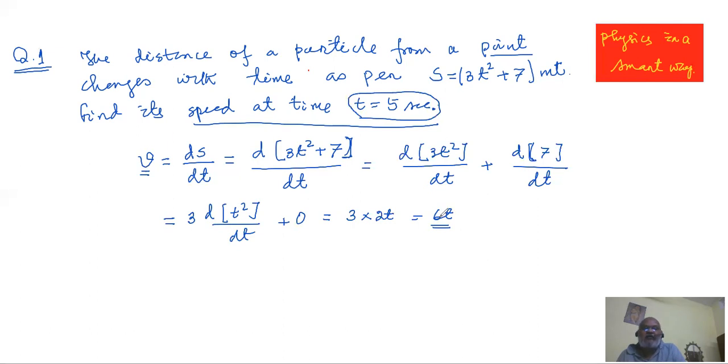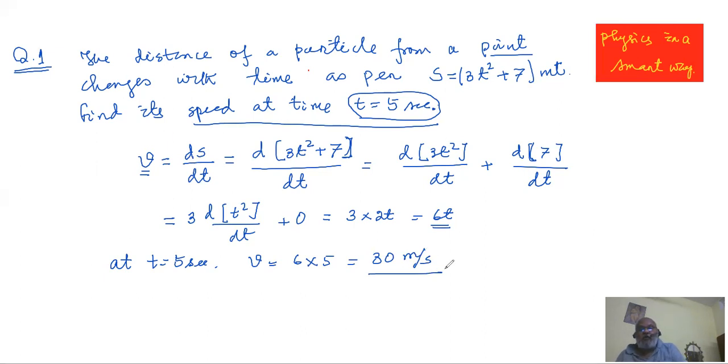So that is the functional form of the speed with respect to time, or that gives us speed as a function of time. But our job is to find the speed at time equal to 5 seconds. So if you put in that value of time, 6 into 5, that will be equal to 30 meter per second. Okay, I think it is all clear to you.